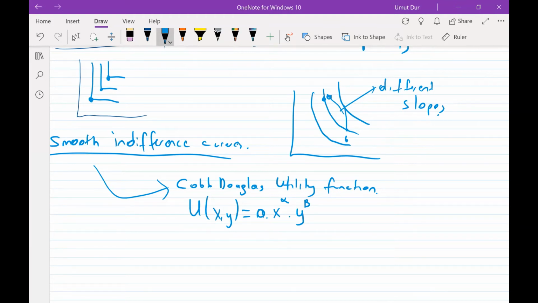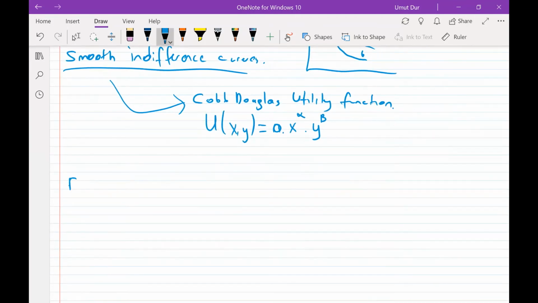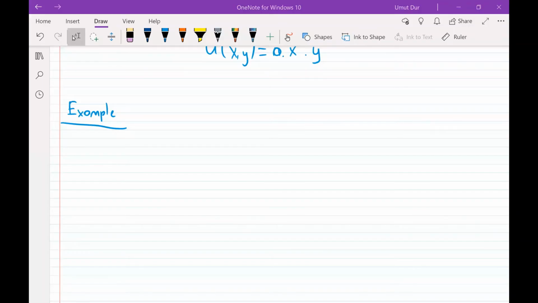So let's solve an example. In this example, we have a Cobb-Douglas utility function.